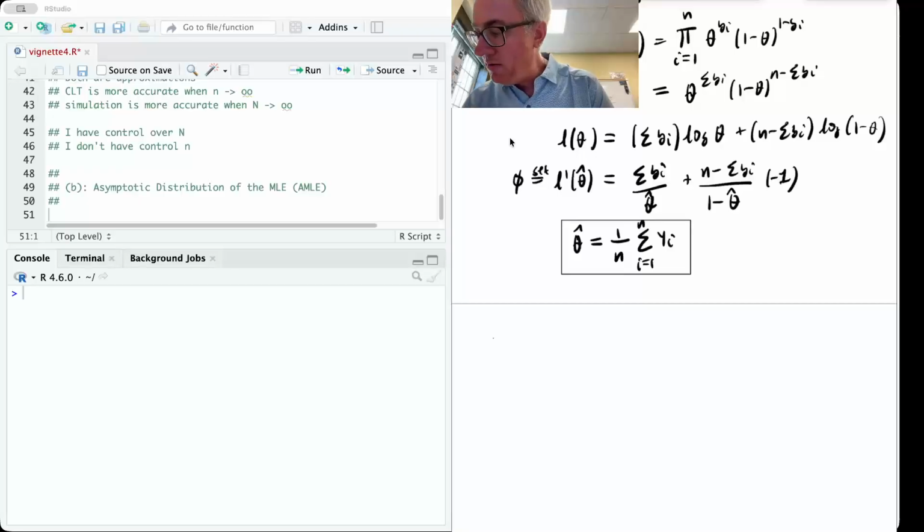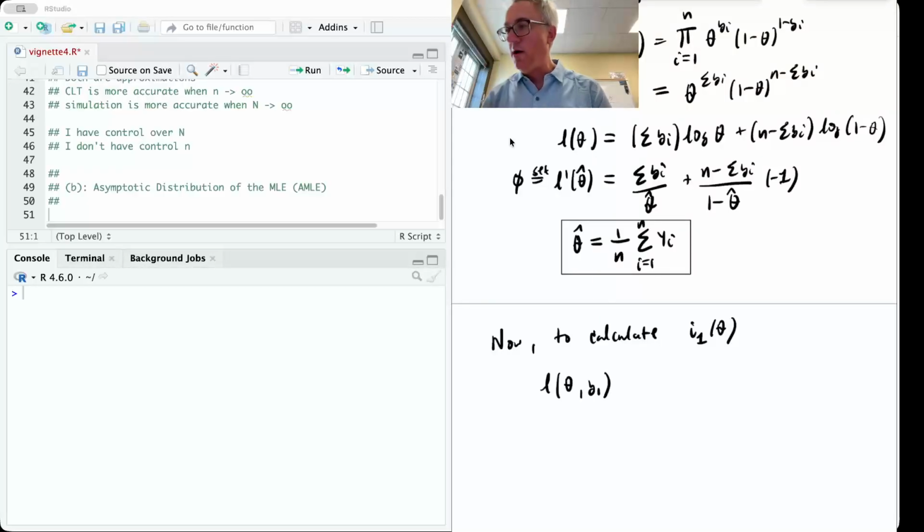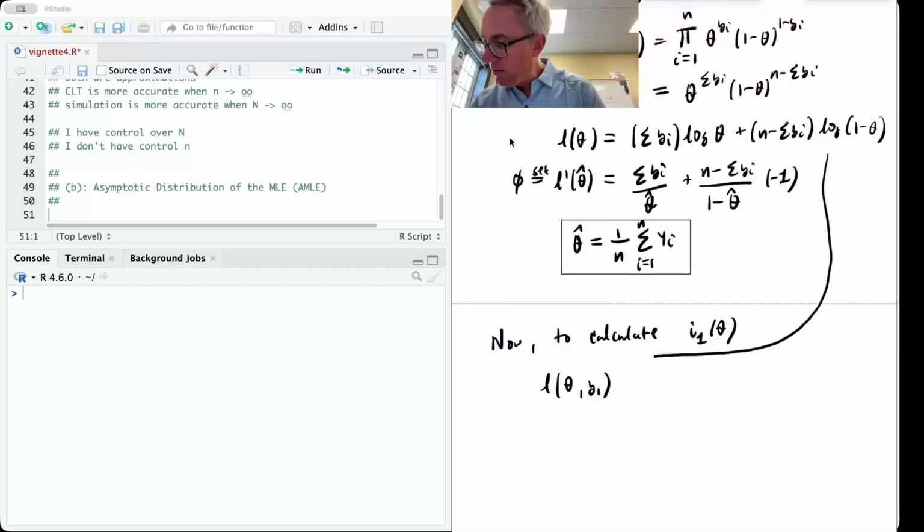Okay, now to calculate the Fisher information for one observation, I need the log likelihood that corresponds to one observation. So I take that sum, right? This is the log likelihood here. I'm going to write it down for just y1 instead of for all n y's summed up.